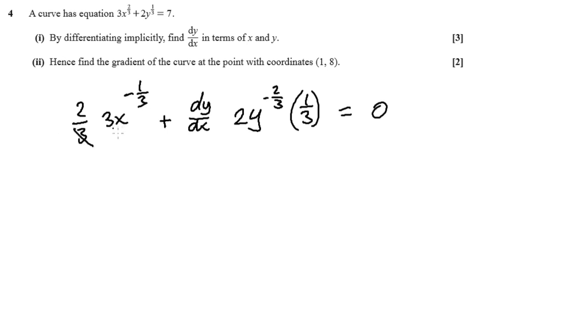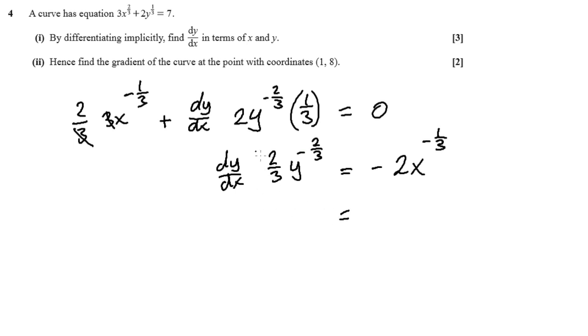And do some cancellation here and rearrange such that the x term is on the right, which gives us minus 2x to the minus 1/3 is dy/dx of 2/3 y to the minus 2/3.